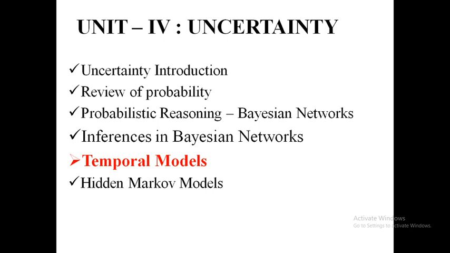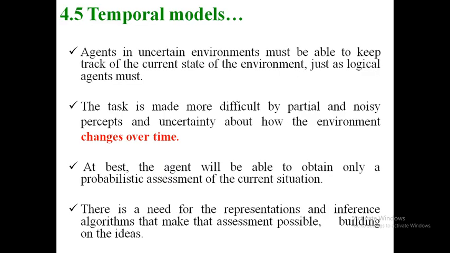Like that, whenever in an uncertain condition we are not able to predict anything, we have to take care of these temporal models, which will help us devise our solution and decide in which format it will give the solution. Now see our definition. A temporal model is needed whenever the environment changes over time.